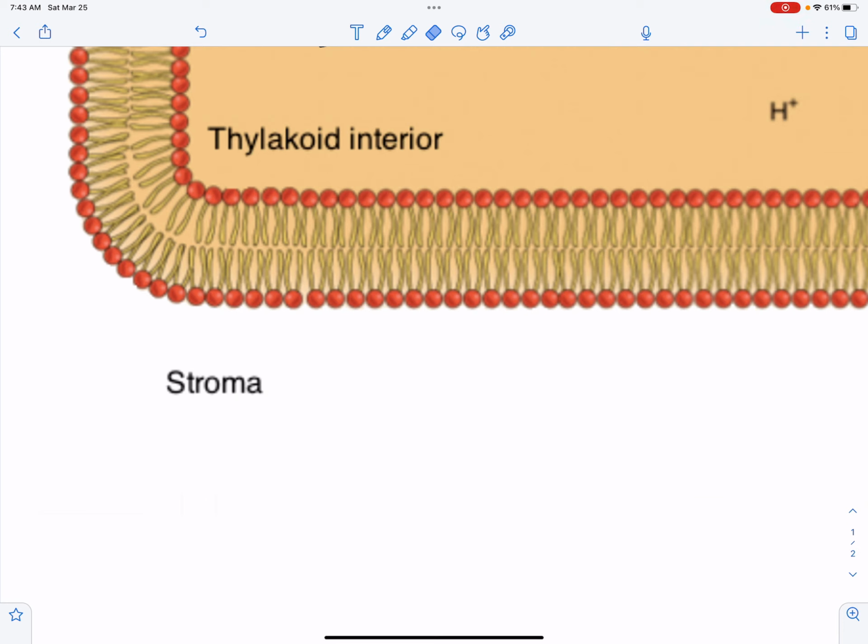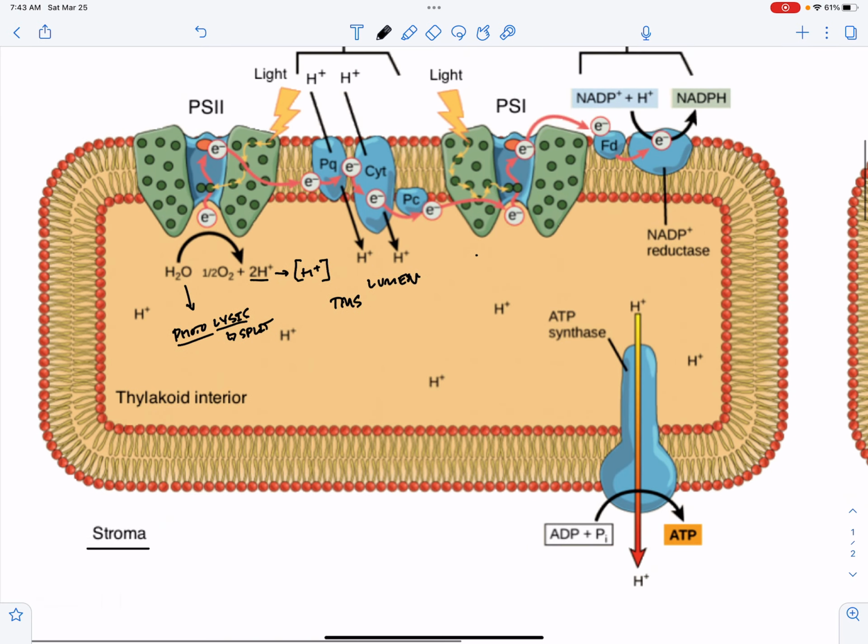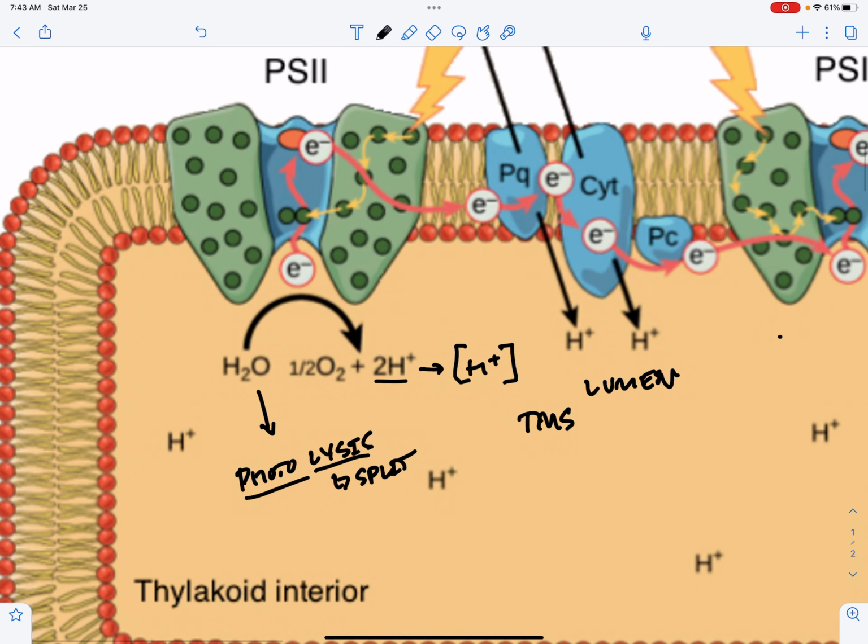Stromata? Not that. The stroma. Okay, they were confusing stomata and stroma. It's an easy mistake to make. Okay, and then the most important piece that's released during the photolysis of water is electrons, low energy electrons.